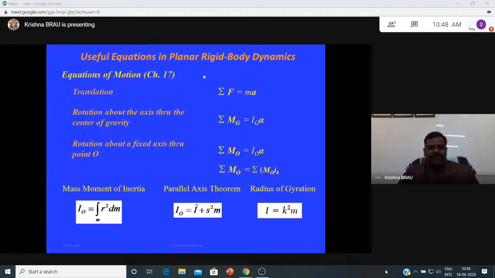Now kinetics: only translation one equation, only rotation one equation, or a combination of both. In the rotation part, moment of inertia you can determine by mk square or mr square or I plus s square m.